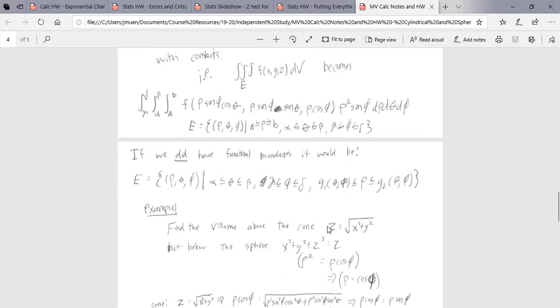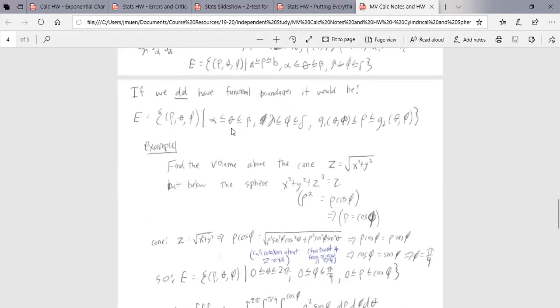So for the record, last thing, if we did have functional boundaries, we might say that rho is between some function g sub 1 of theta and phi, and some other function g sub 2 of theta and phi. Theta and phi will often both be between two known angles. It is certainly possible to have phi be a function of theta or vice versa, but we're not going to be looking at problems that deal with that.